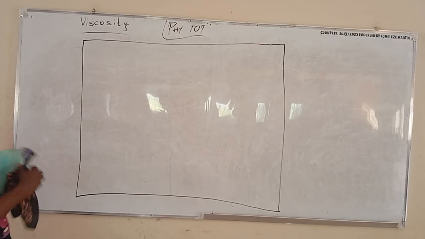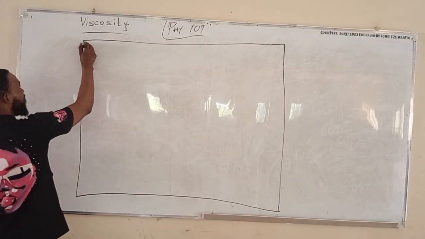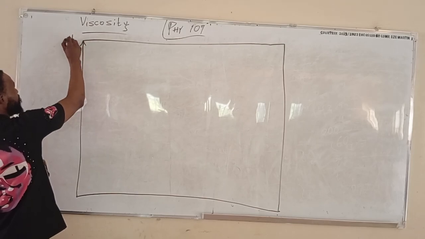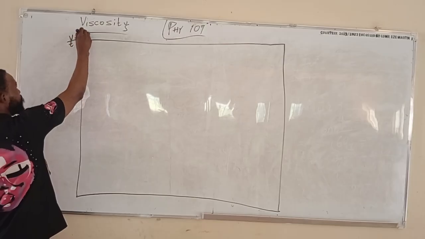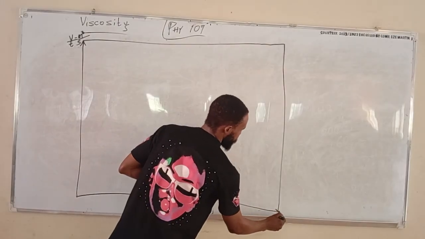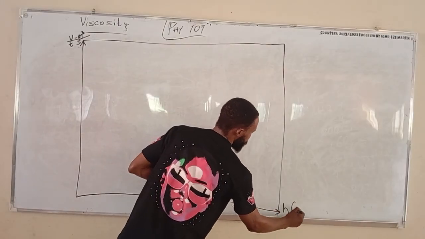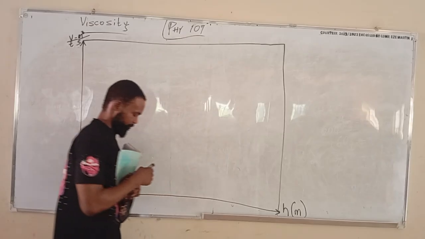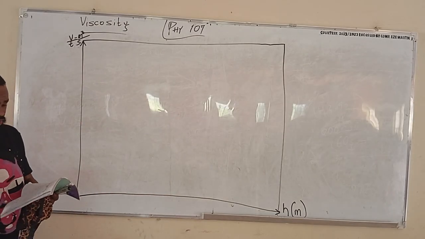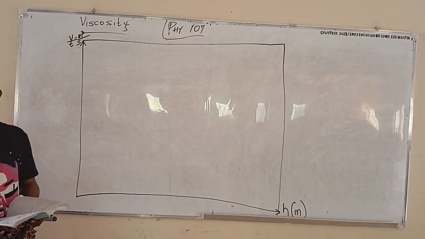Plot a graph of volume flow rate. So let's say I have this side to be my V over T, and you know that it is in meter cube per second. And this side is height. I know that it is in meter. Hope you know that height too, you convert that height to meter.